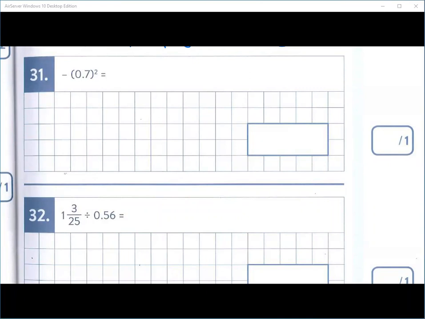Is it 0.7 times 0.7? Okay, so you're saying we're going to be doing 0.7 times 0.7 because of what number? Because it's squared. Okay, 0.7. So how do we interpret the minus 1? Is the minus going to be part of our calculation so far, or do we do that afterwards? What's happening in the minus?